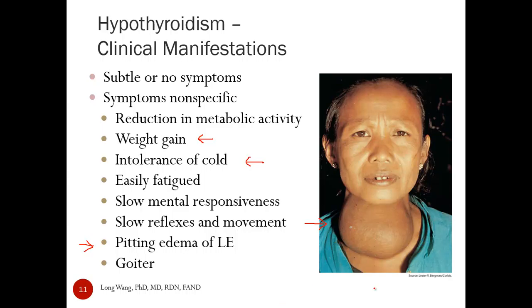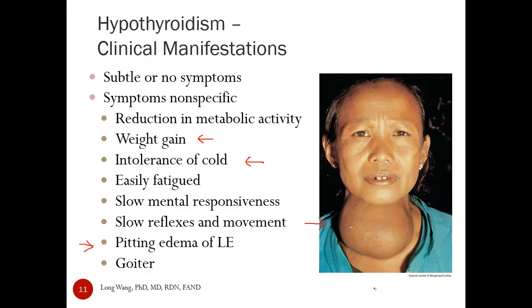The reason behind this is that when the thyroid gland does not produce enough thyroid hormone, our system will sense it. Okay, we don't have enough T3 or T4 in the system.